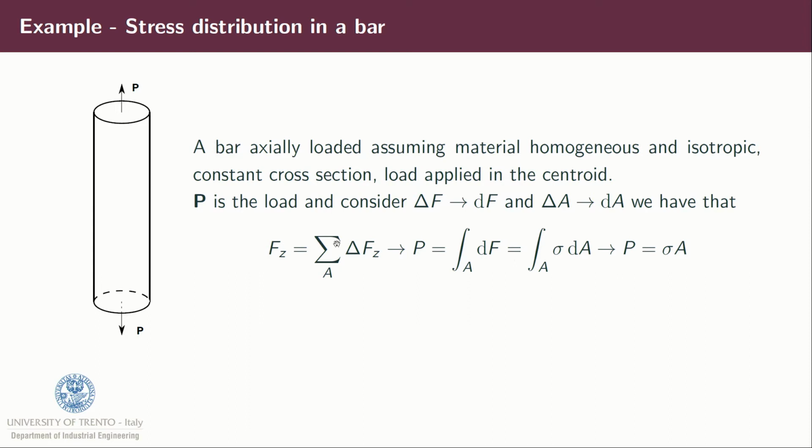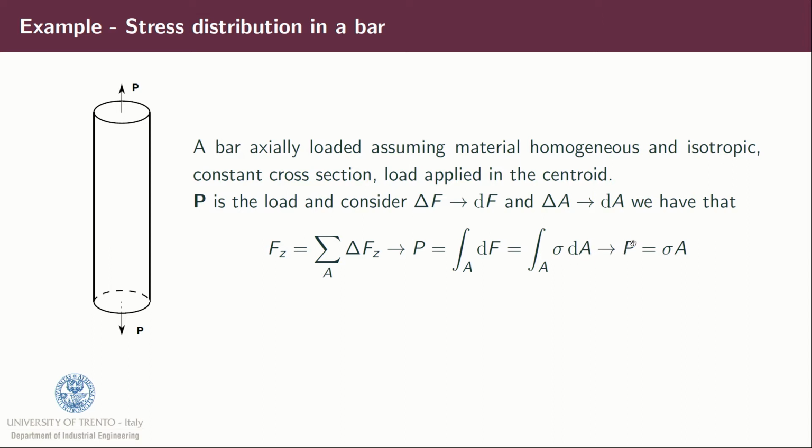Let's see a simple example, a bar axially loaded, and we assume that the material is homogeneous and isotropic, we have a constant cross-section, and the load is applied in the centroid of our cross-section. So Fx is equal to the sum over the area of delta Fx. If we go into the differential form, we have that P, the load, is equal to the integral over the area of dF, and it is equal to the integral over the area of sigma dA.